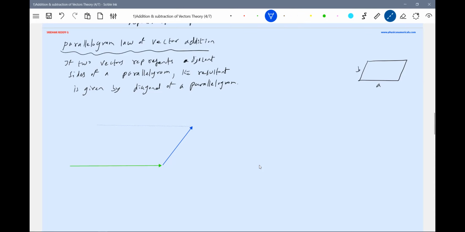Where was the vector B bar? The B bar was here, no? Adjacent sides. This was the vector A bar, and this B bar is what I shifted. Then the resultant is given by the diagonal. I will draw it from the tail of the first vector to the head of the second vector. The diagonal represents the resultant of A bar and B bar.